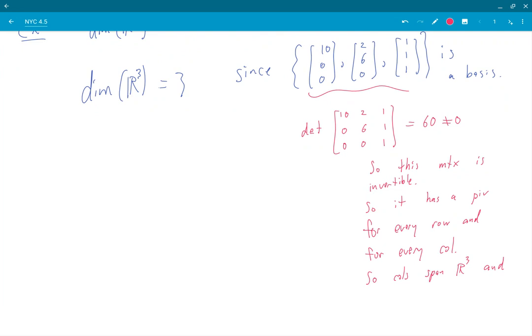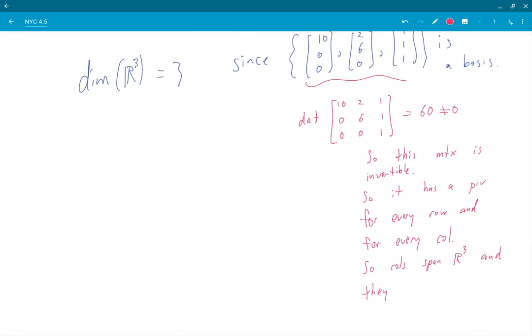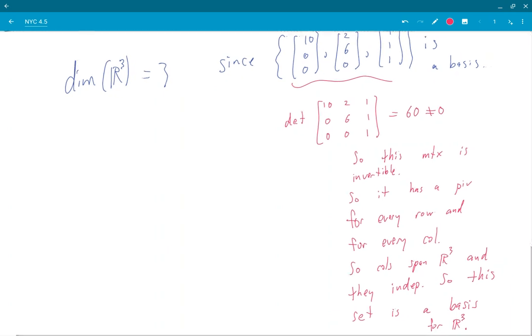And because it has a pivot for every column, it means the columns are independent. So this set is a basis for R3.